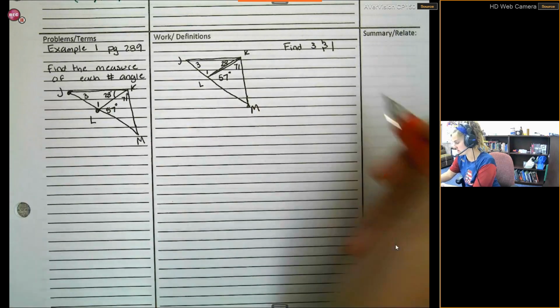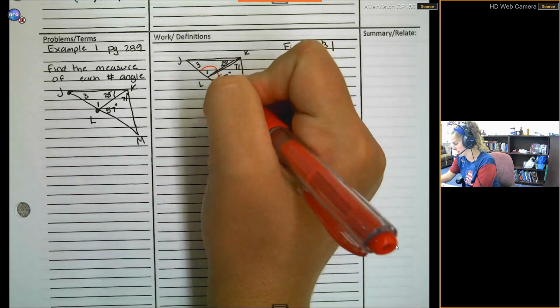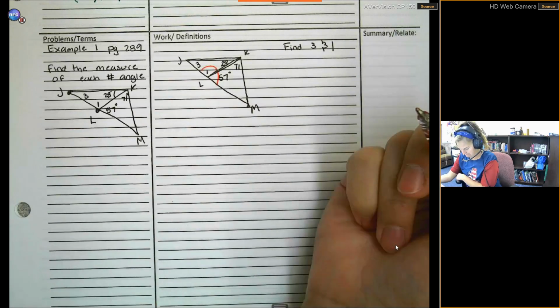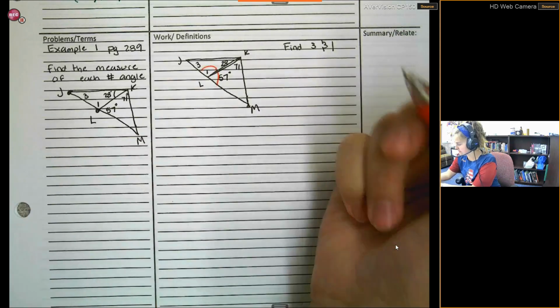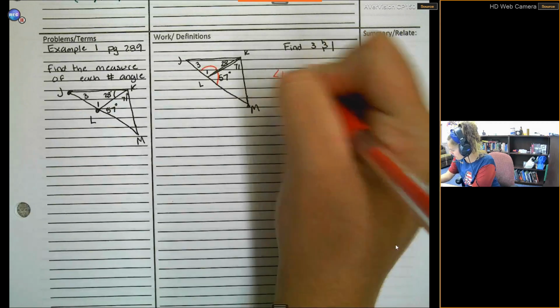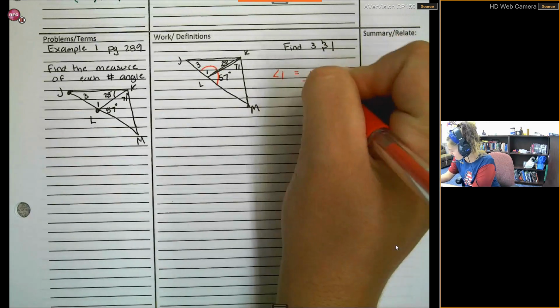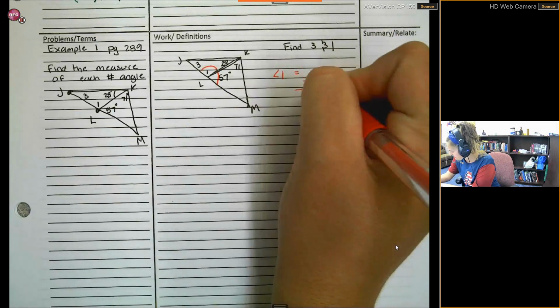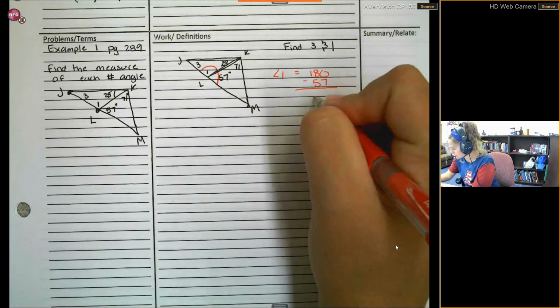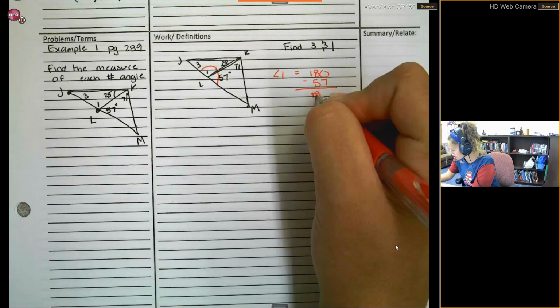So it'll be pretty easy to find this number 1 because it has to add up to a straight line with this. So what can we do? Subtract it from 180. So for 1, we're going to do 180 minus 57. And that's going to be 123.